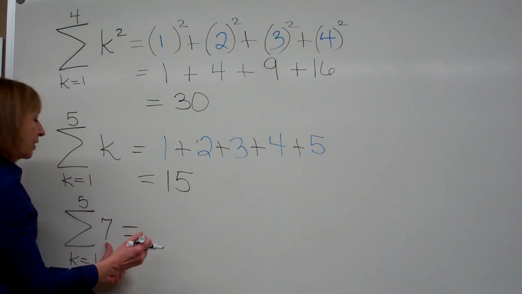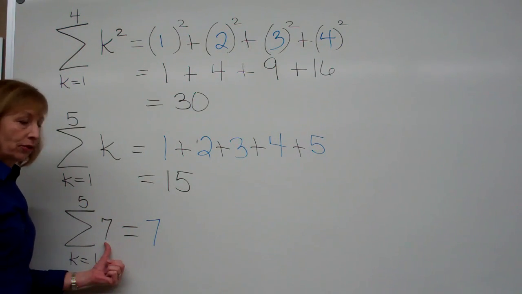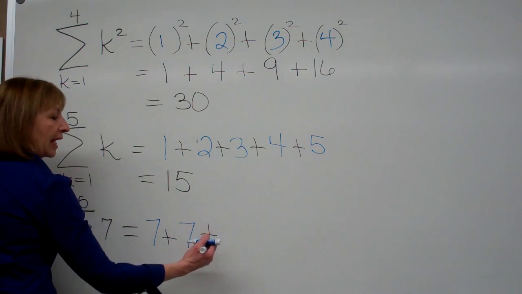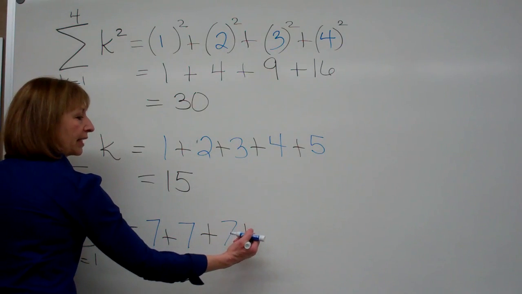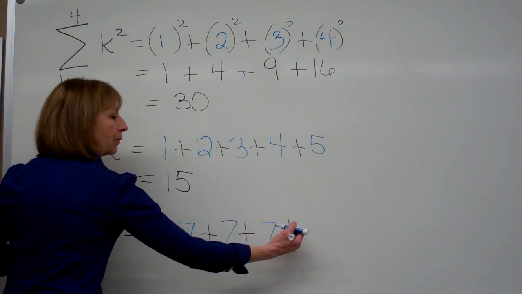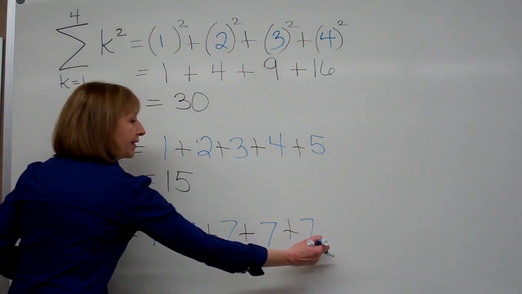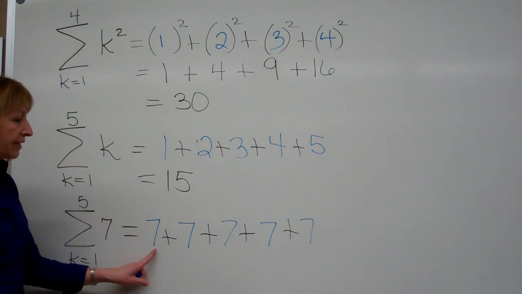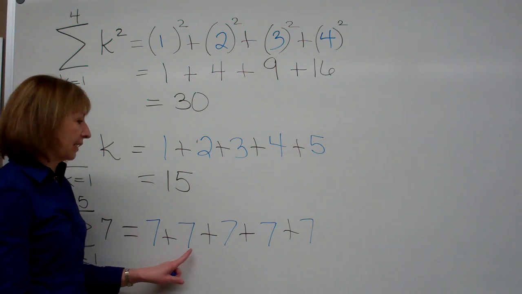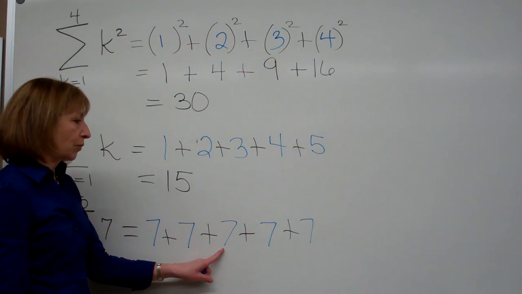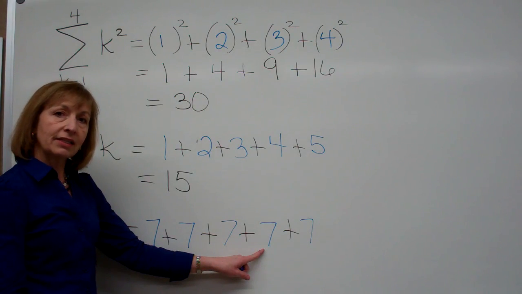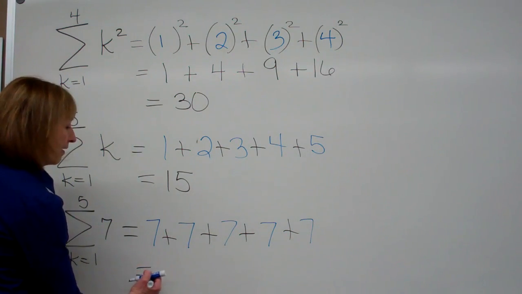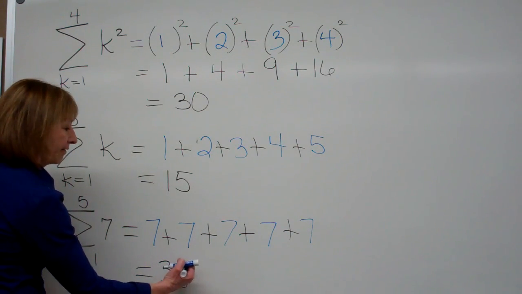So when k is 1, my constant 7 is my term, plus when k is 2, I have 7, plus when k is 3, I have 7, when k is 4, I have 7, and when k is 5, I have 7. And then I stop, because that's the top number. So here I just have 7 plus 7 is 14, plus 7 is 21, plus 7 is 28, plus 7 is 35. So we have that the summation is 35.